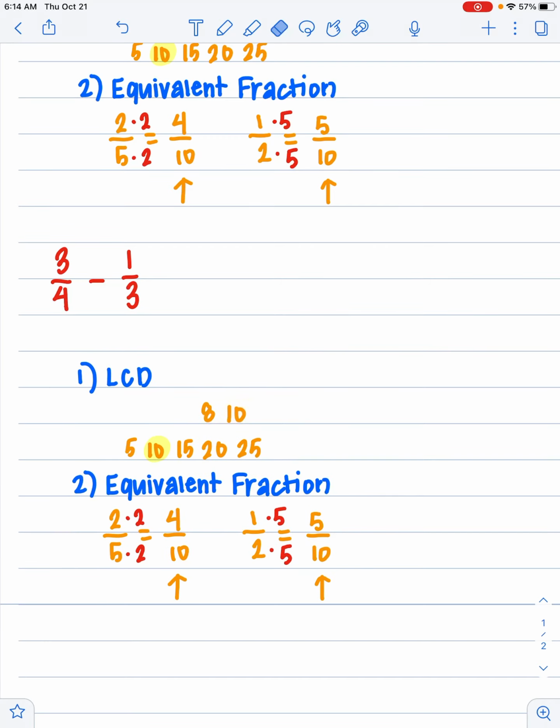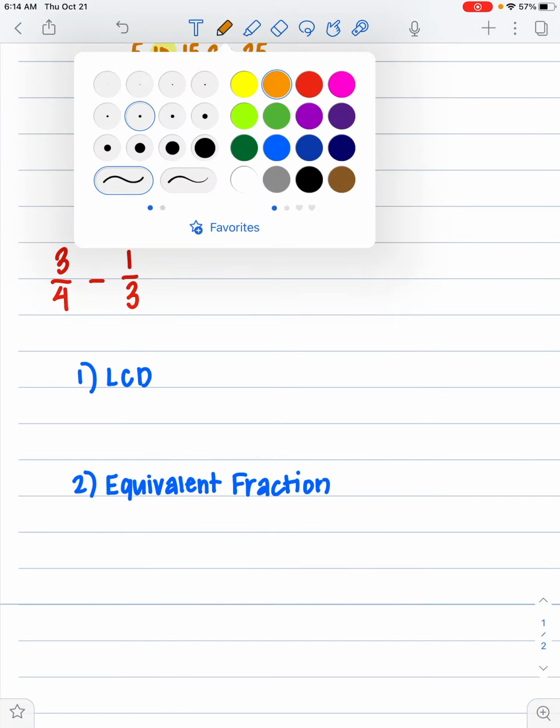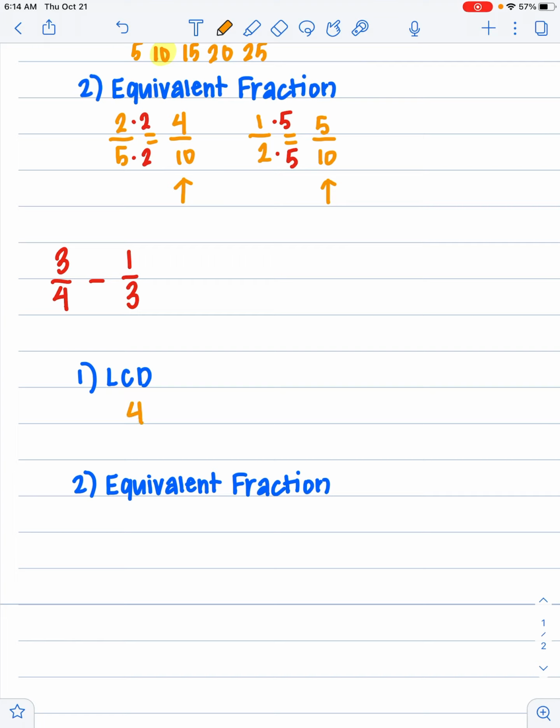This time my denominators are 4 and 3. So I'll list out my multiples of 4 and 3. 4, 8, 12, 16, 20, and 3, 6, 9, 12, 15. So I can see my least common denominator is 12.